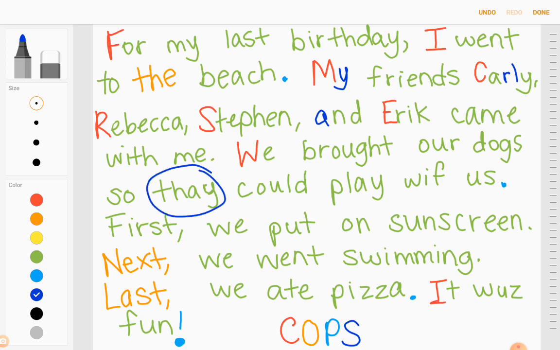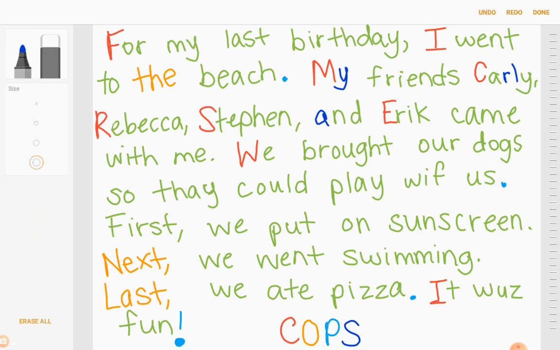This is tricky. This right here, play, is spelled A-Y. But the word they is not spelled with an A-Y. This was one of our sight words. Does anyone remember how to spell it? T-H-E-Y, they.